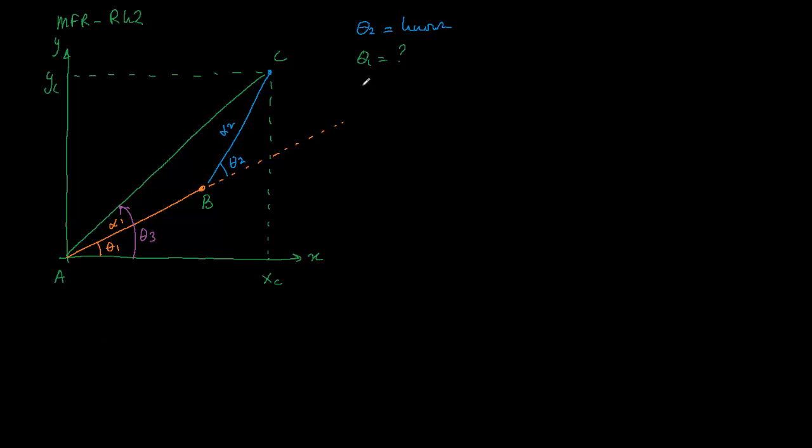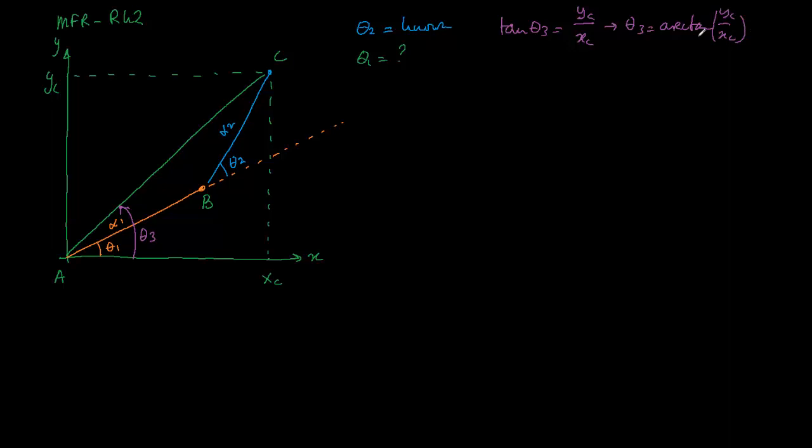We could easily say that the tangent of theta 3 equals YC divided by XC. So theta 3 would be arc tangent of YC divided by XC.